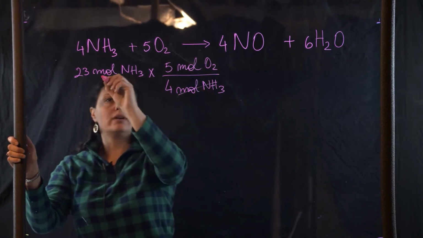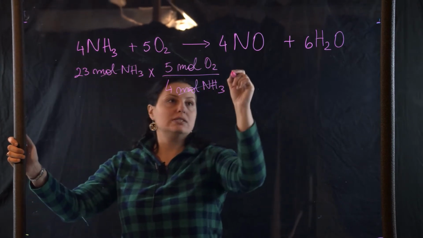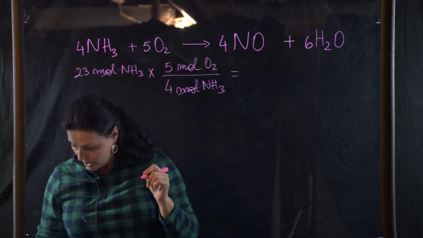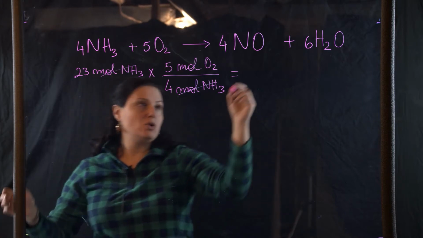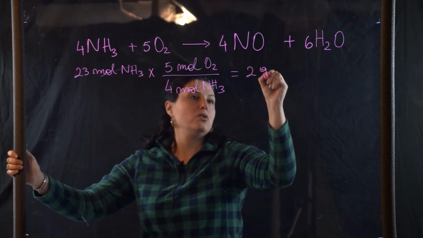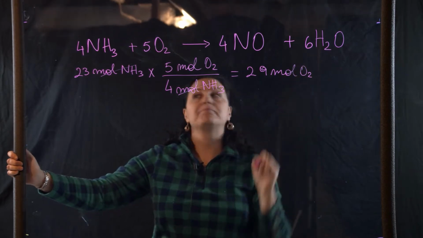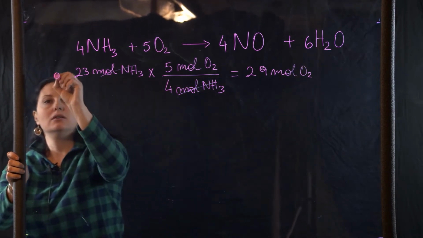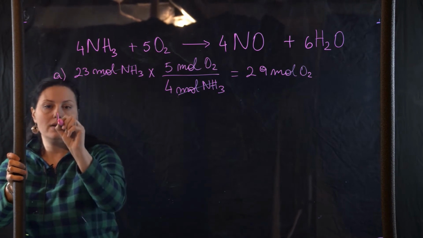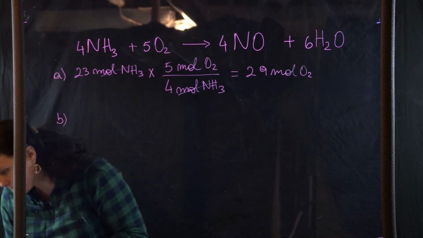This will cancel out, and if I do this calculation, I should get 29 moles, or thereabout, of oxygen. Okay, that's A. Now let's go to the next problem.